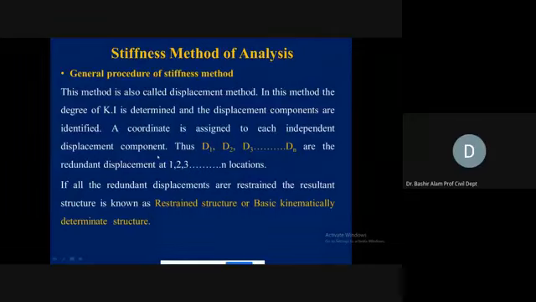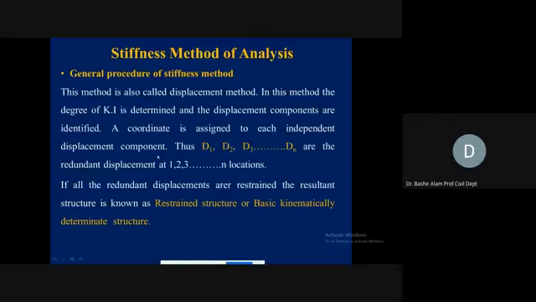If all the redundant displacements, the unknown displacements, are restrained, what do we do? We restrain them. And how do we restrain them? Just by locking that capability. If it was free to rotate, we will stop that rotation. Let's say we have a hinge support. At a hinge support, how can you stop the rotation? You just provide a fixed support there.